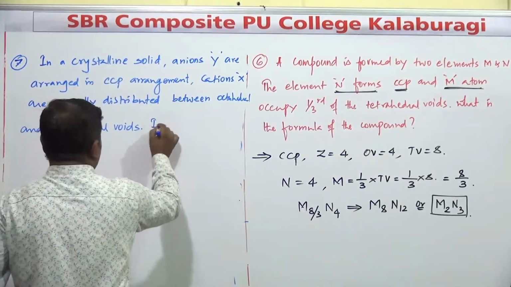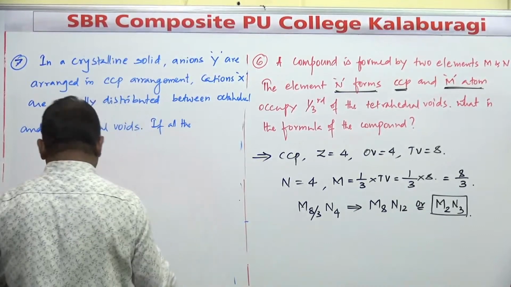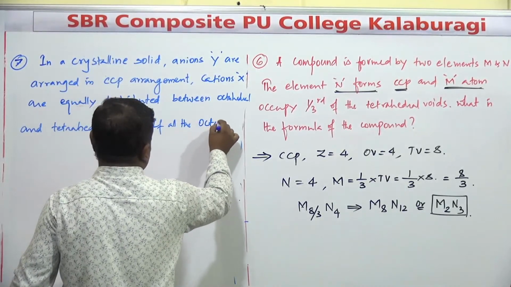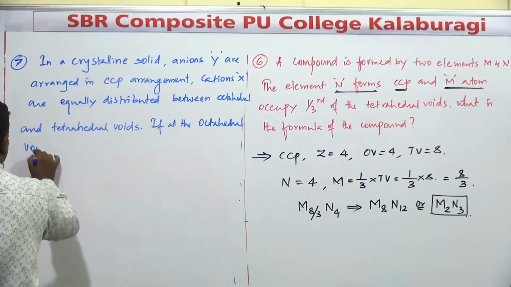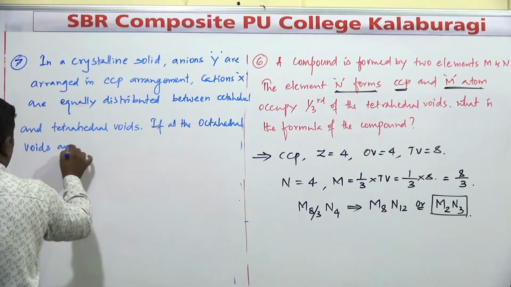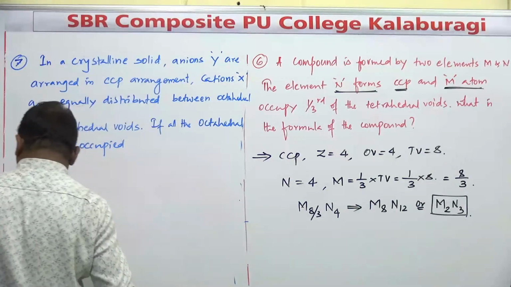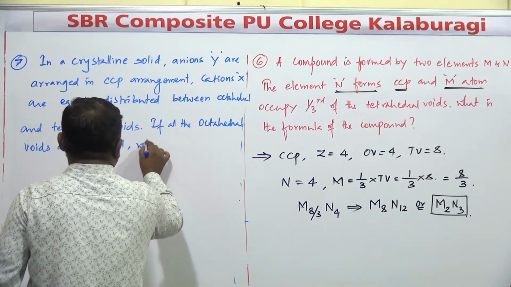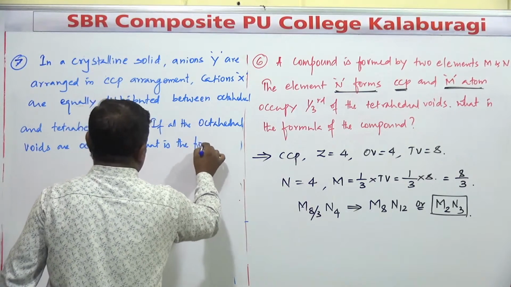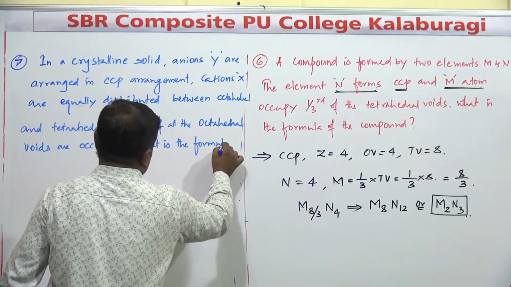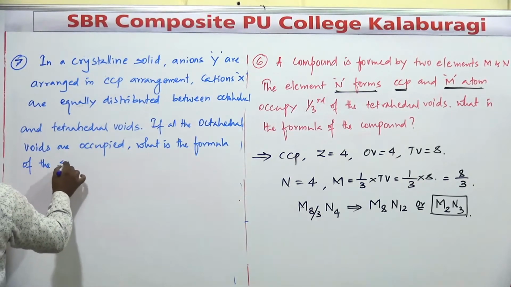If all the octahedral voids are occupied, what is the formula of the solid?